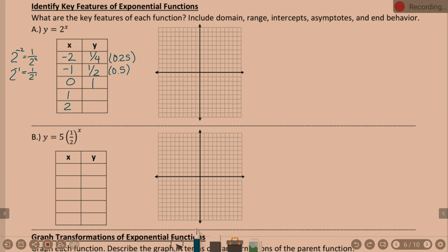What about 1? What's 2 to the first? 2. And 2 to the second? 4. Okay. Let's graph them. Now, -2, 1/4. What's that saying we're going to do? Left 2 and up 1/4 of a box.